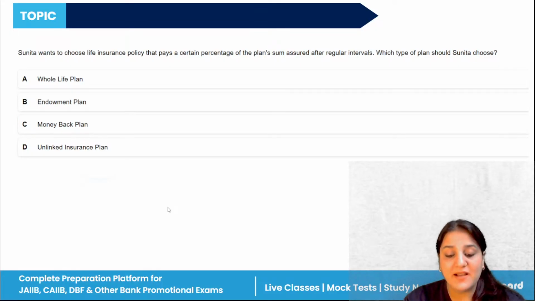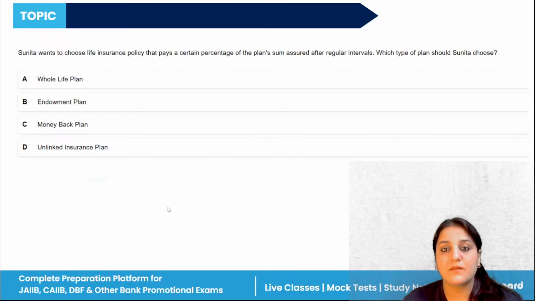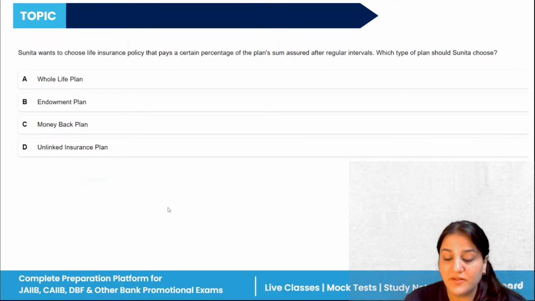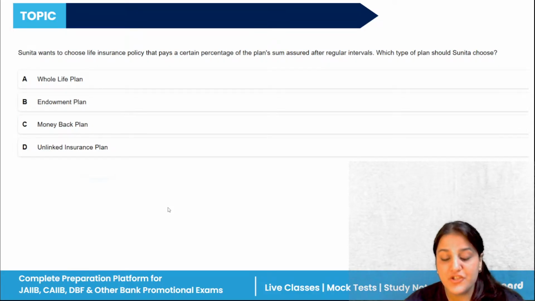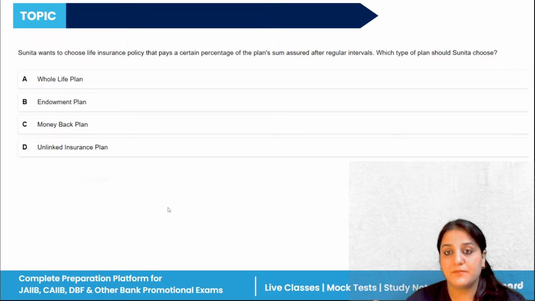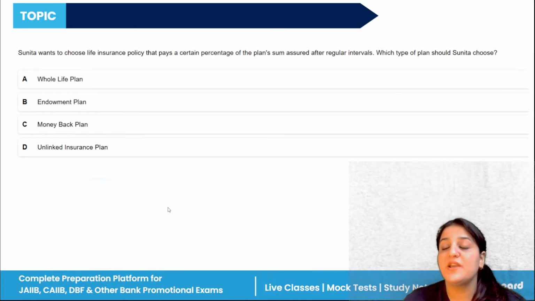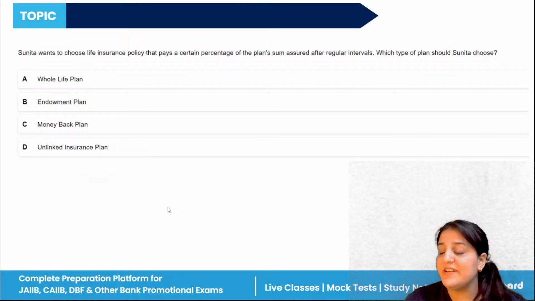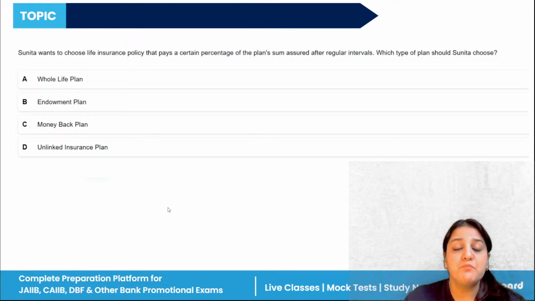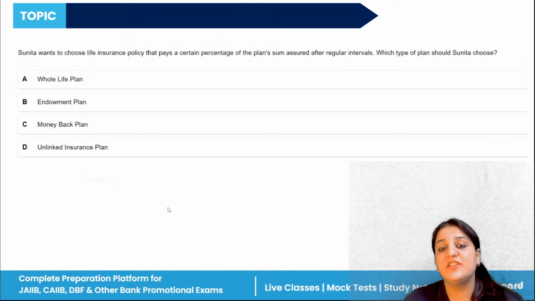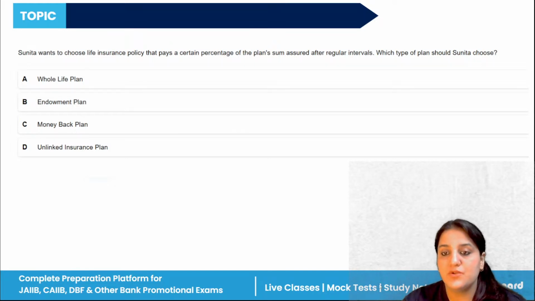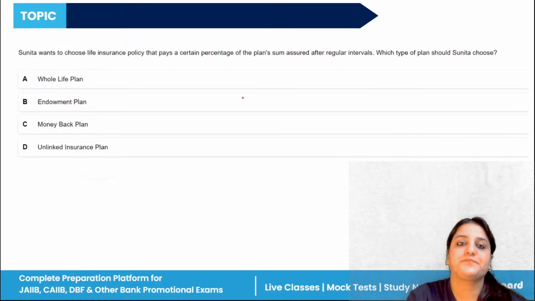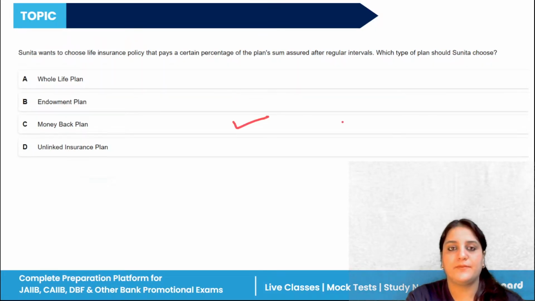A money back policy ensures that the insured will earn the promised amount every few years. The survival benefits accumulated every few years provide policy holders with a second source of income. So the correct answer is here: money back plan.